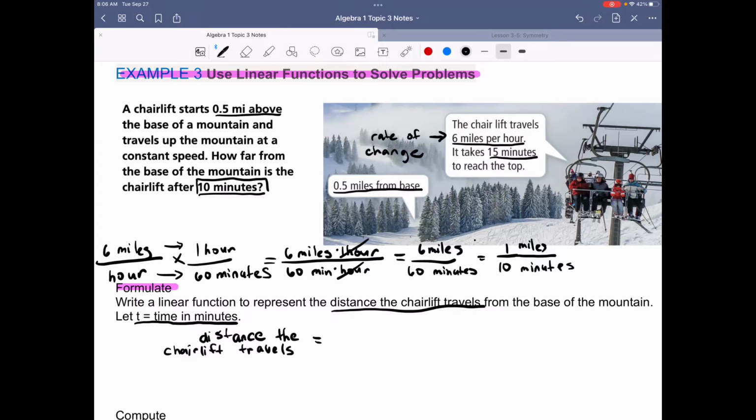And this was done by dividing 6 and dividing 6 in the bottom. 6 miles divided by 6 is 1 mile, and 60 minutes divided by 6 is 10 minutes. Now 1 mile divided by 10 minutes, that is in decimal form 0.1 miles per minute.